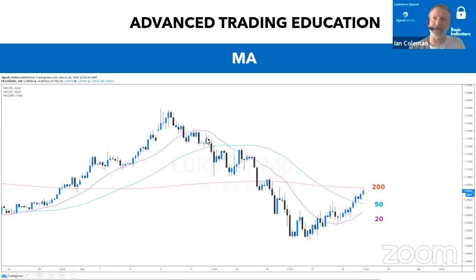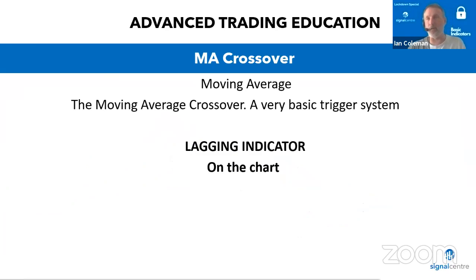It then acts as resistance, gets broken there really, and then acts again as resistance, nearly acts as support, etc. So it can be a forward indicator, and traders use it in various ways. And one thing that you should remember as well, when you're looking at MACD, which is moving average convergence divergence, it's obviously a major factor within that calculation.